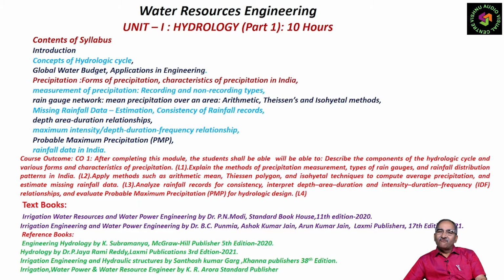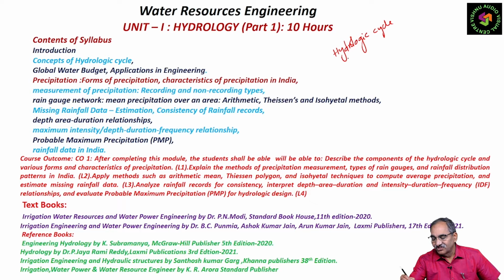This course consists of 5 units. And the first unit is mainly dedicated to the hydrologic cycle. This is the first thing that you should remember. It is dedicated to the hydrologic cycle, which is also called the water cycle.